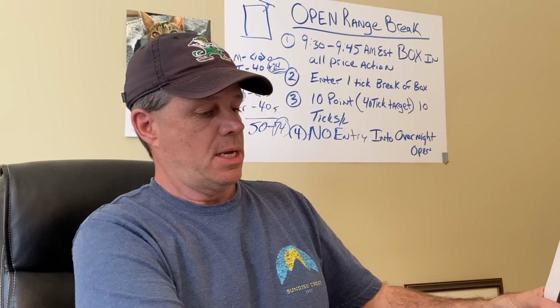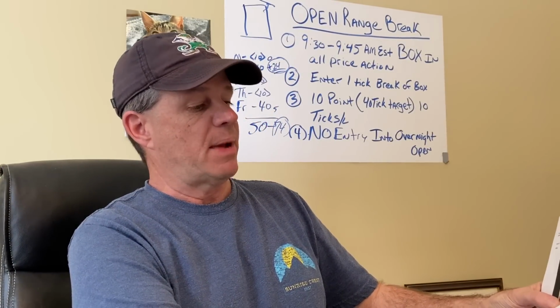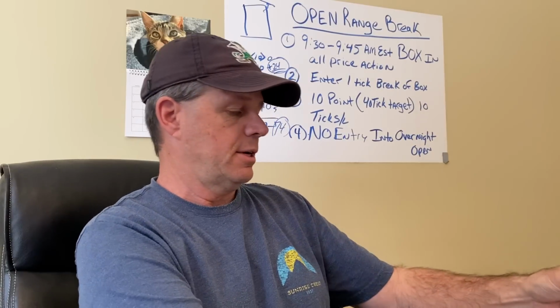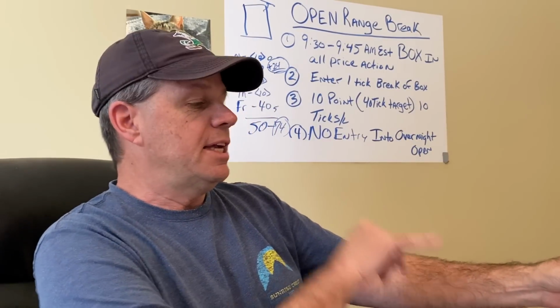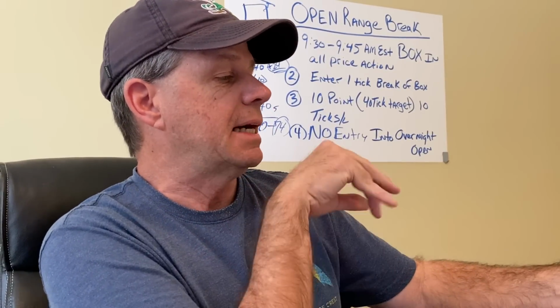I've got story after story. I had one trader yesterday message me. He banked $4,200. I had another one message me. He took an overnight open trade and a 5-minute gold line trade all in one trade, because he got 50 ticks on the overnight open trade.